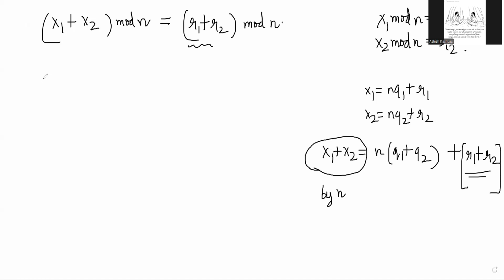For example, we can take some number examples. So let's say n is equal to 36 and let's say R1 is equal to 5.